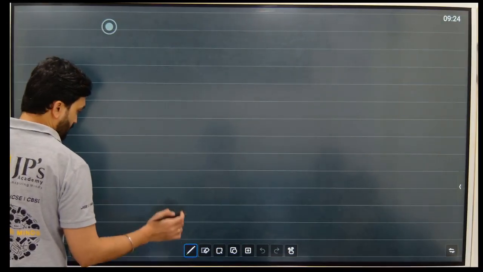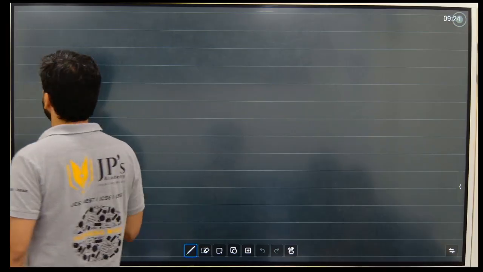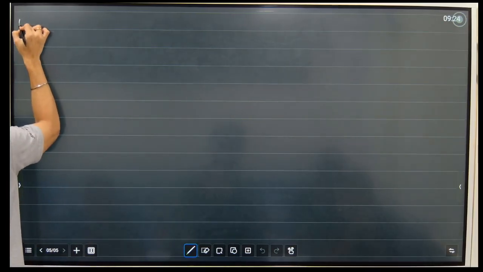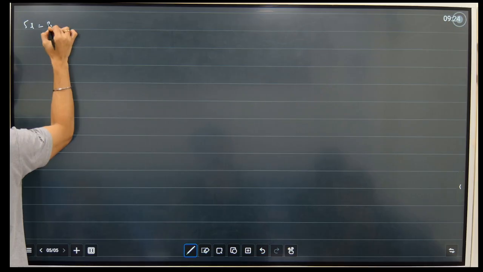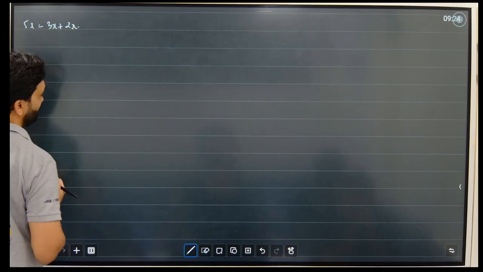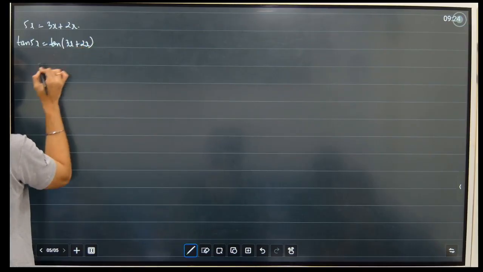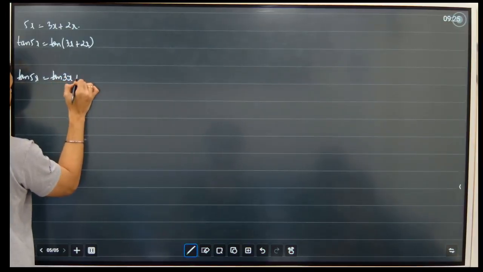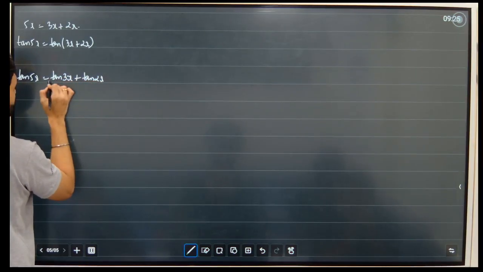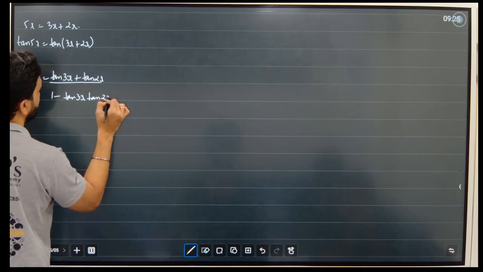Now, if you remember, this we will treat as a remark and then as a sum. There was this sum where we started with, if three angles are given, say for example, 5x is equal to 3x plus 2x, where I take tan 5x as tan of (3x plus 2x), which is tan 5x is equal to (tan 3x plus tan 2x) upon (1 minus tan 3x tan 2x).